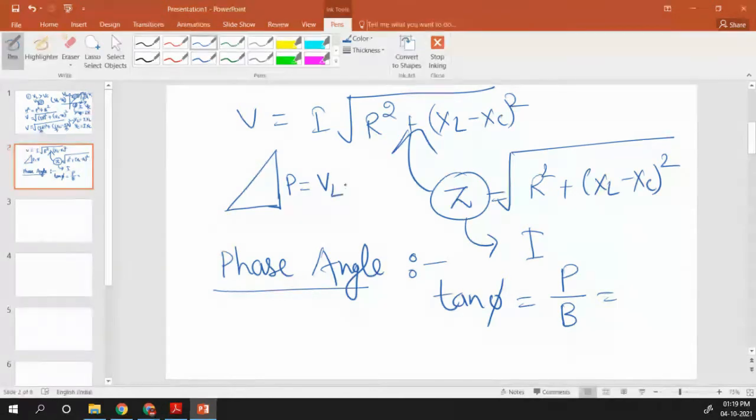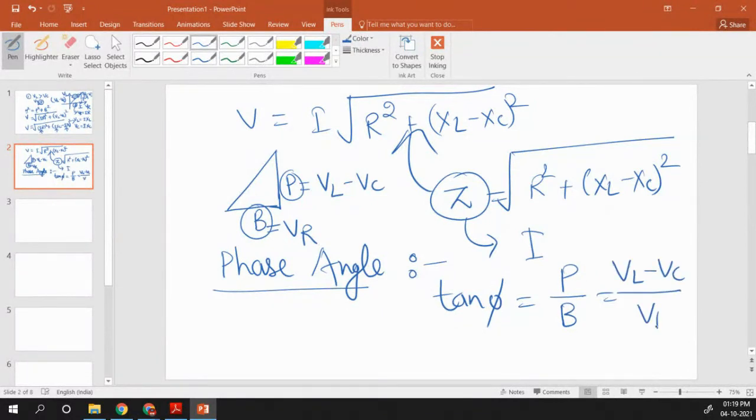Value for P is VL minus VC. And what is the value for B? Value for B is, quickly give your response, VR. Okay. So across the perpendicular and across the base, you have the value, put that value in this equation. Okay. So we will put the value right here, VL minus VC upon VR.